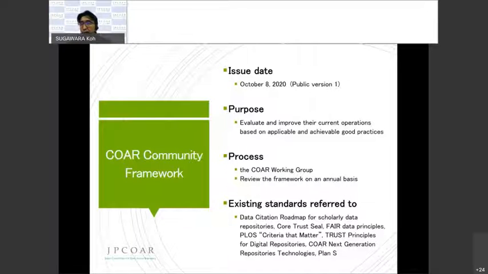From Japan, Mr. Minamiyama, the first presenter, and I participated in this working group as members. Unlike the existing frameworks listed here, the COAR community framework has been designed so that it can be used in different types of repositories and in different geographical and thematic contexts.